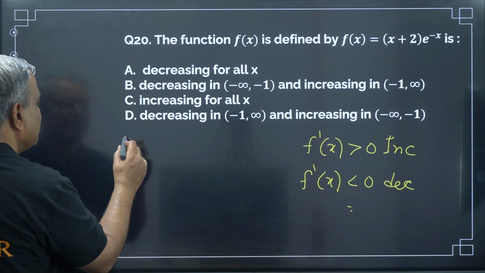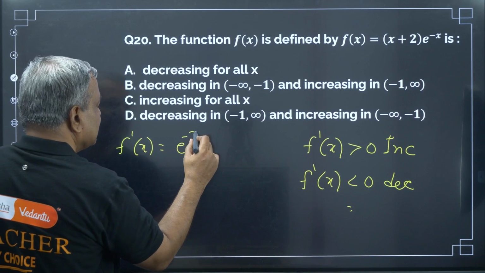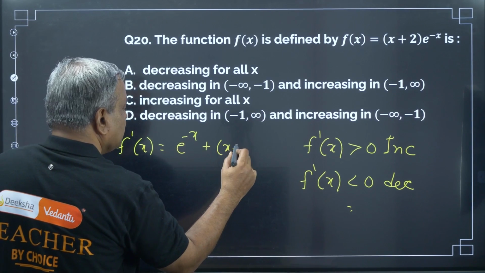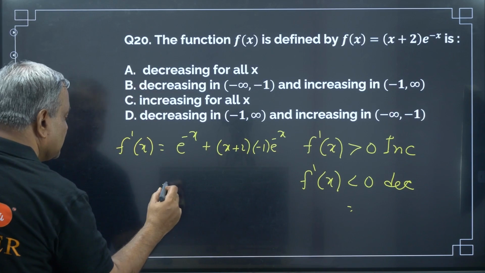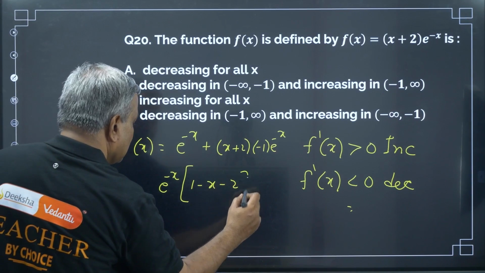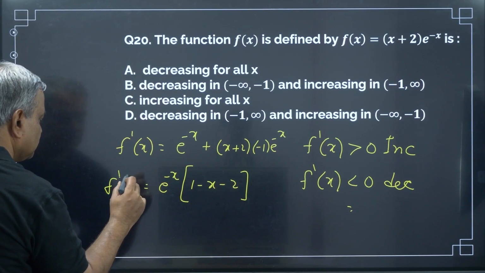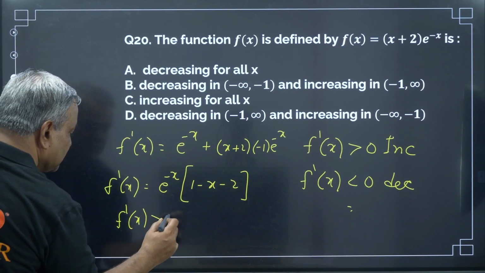Okay, we differentiate it. f dash x is equal to e to the power minus x plus (x plus 2) into minus 1 e to the power minus x. So we take e to the power minus x common, 1 minus x minus 2, is equal to f dash x. Okay, f dash x is greater than 0.